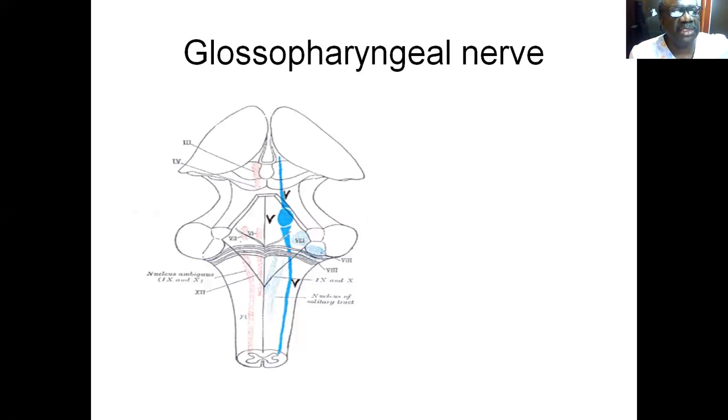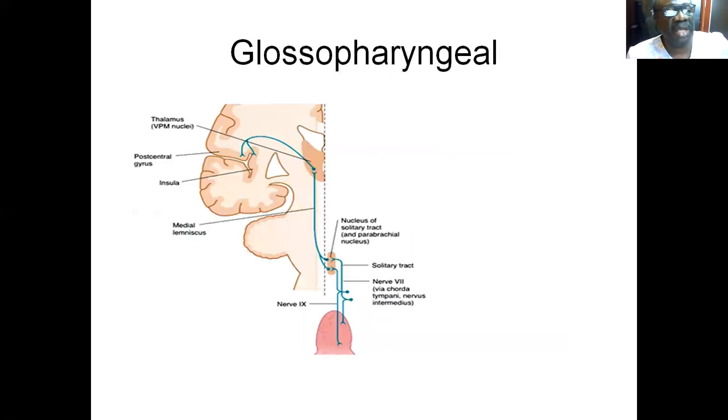So another illustration of the origin and the nucleus of the glossopharyngeal nerve. You can see here the nucleus of the tractus solitarius, the solitary tract itself, and its relationship with the chorda tympani, which is a part of nerve 7, the facial nerve.